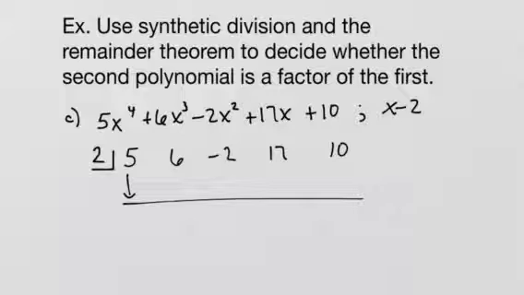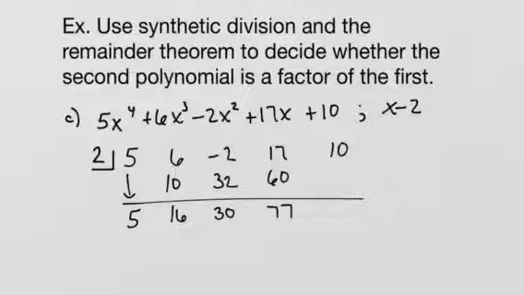Bring down the first number, it's a 5. Multiply 5 times 2 to get 10. Add to get 16. Multiply to get 32. Add to get 30. Multiply 30 times the box to get 60. Add to get 77. Multiply 77 times the box, so 77 times 2 is 154.